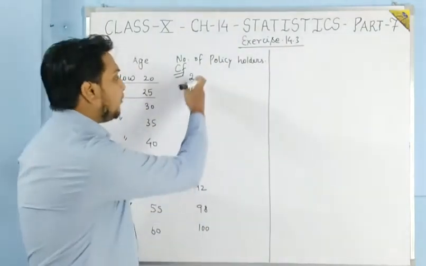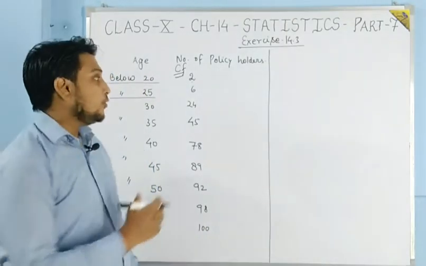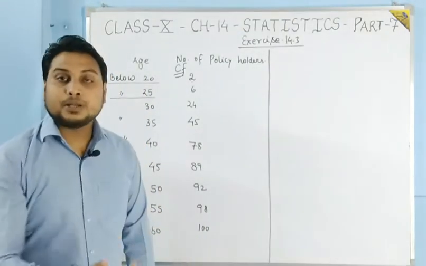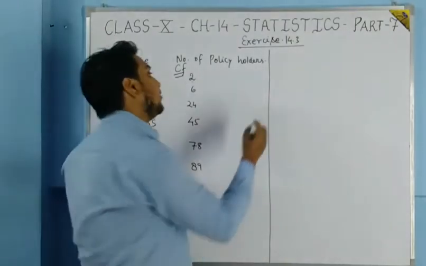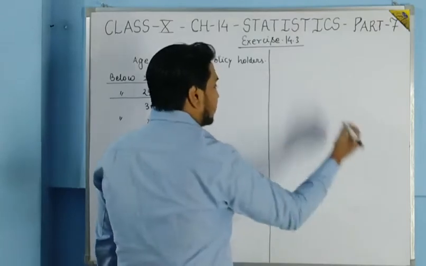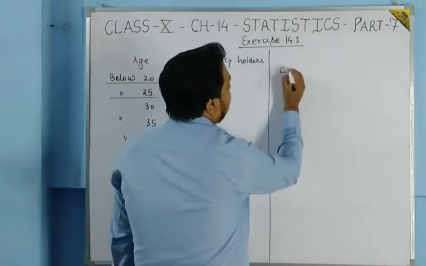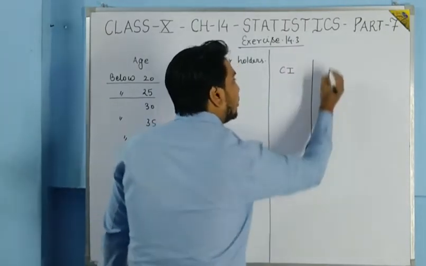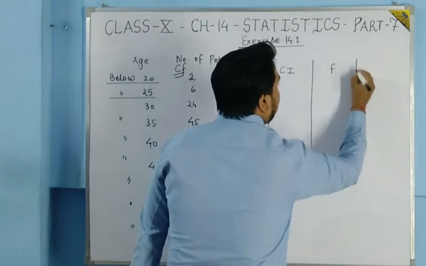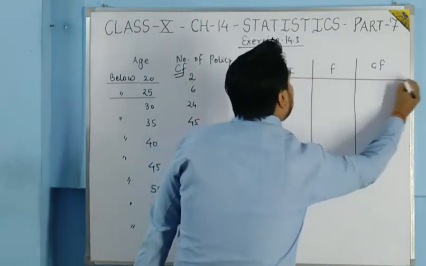So here, if cumulative frequency is given and we want to find the frequency, we have to subtract the previous frequency. Then only we can find the frequency. So here I am just preparing a table which will help to solve the question. Here I am writing class interval, here I will write the frequency, and here I will write the cumulative frequency which is already given in the question.